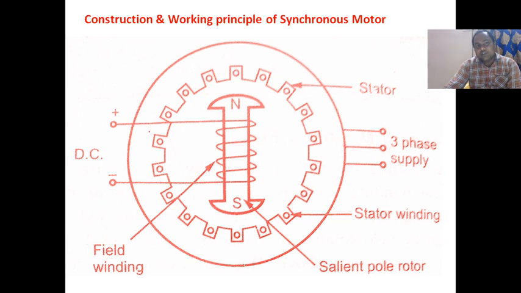So, coming to the construction of a synchronous motor, constructionally the alternator and the synchronous motor are both the same. It depends upon the application, upon the input given. Whenever electrical supply is given, it is converted into mechanical energy.